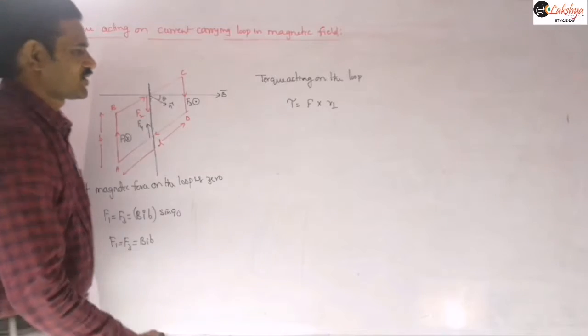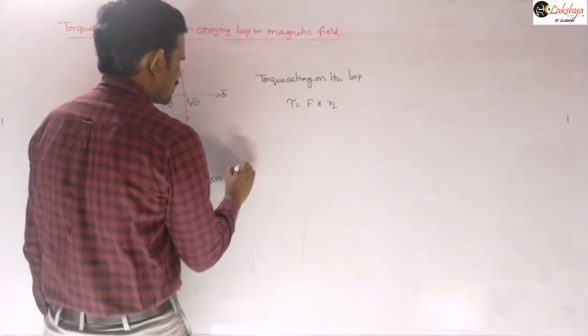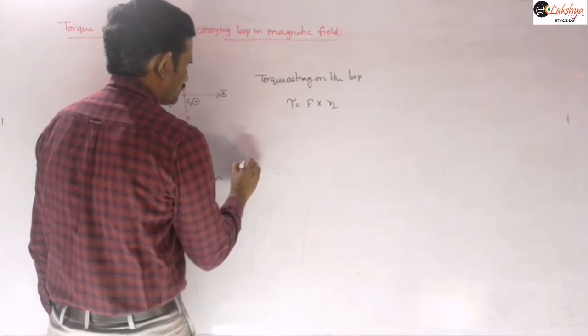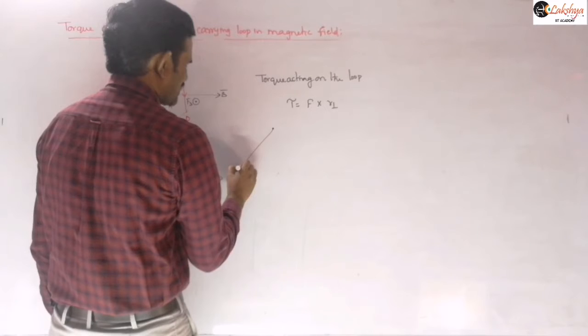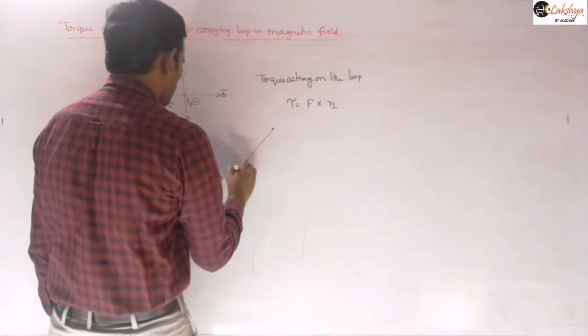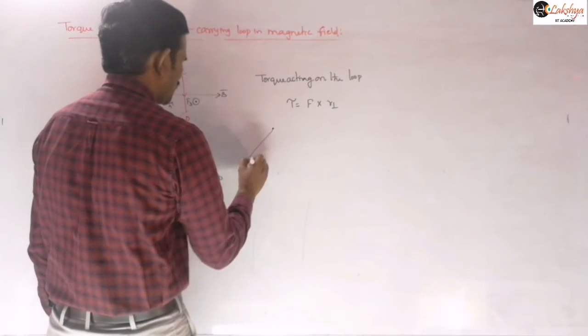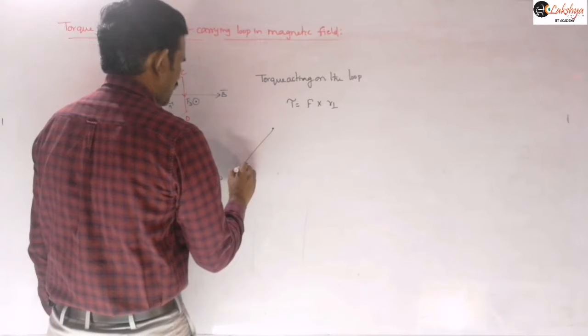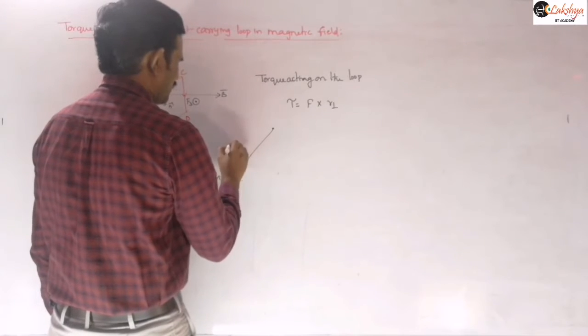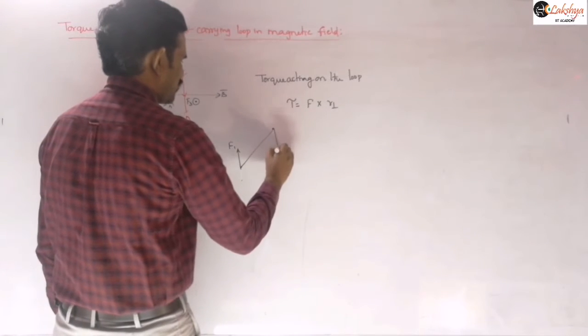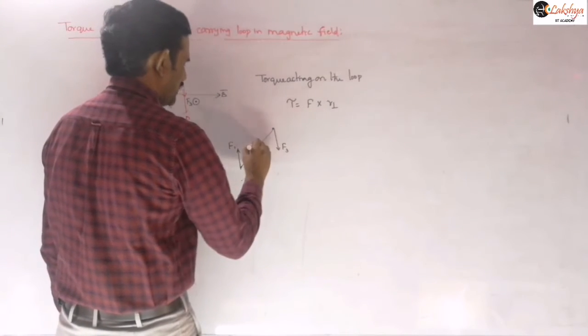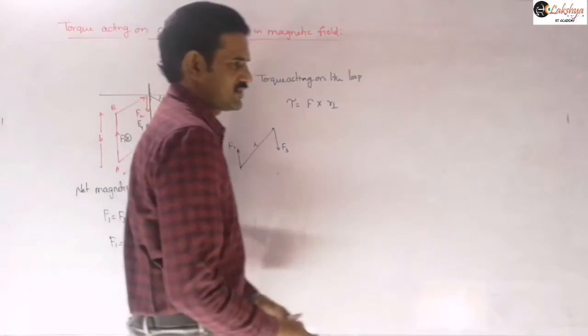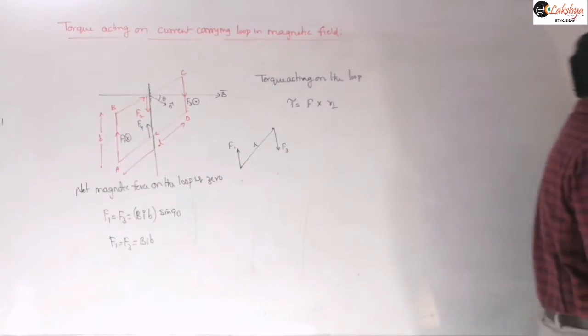One force is there like this, and the distance we need to write like this. F1 is into the plane, and F3 is out of the plane. And this side is L. Is it clear? That side is L we are taking.